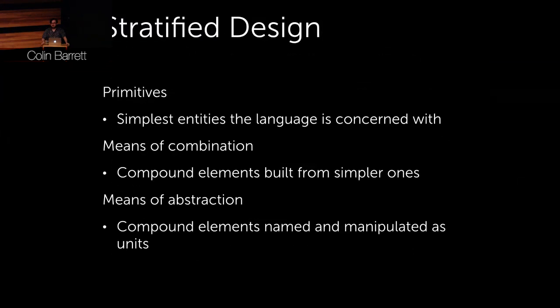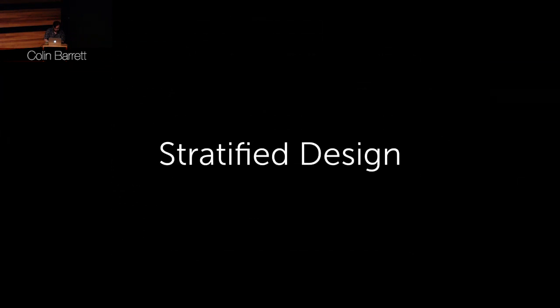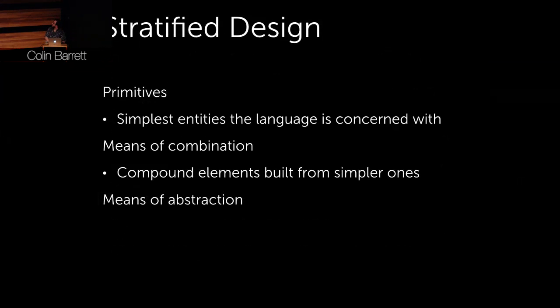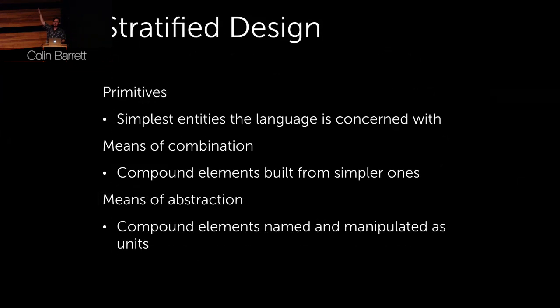Yeah, sure. So the means of combination is a way to build up compound structure, but that's done anonymously. You don't necessarily have to have variable names at all to be able to do that. You can just substitute in different sub-expressions and build a big tree. Whereas the means of abstraction is really about, in the picture language, when we had define wave 4 equals some combination of wave 2, being able to refer to these things by name.